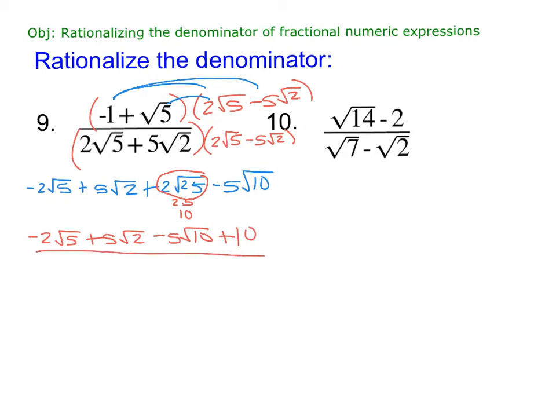And then on the bottom, 2 root 5 times 2 root 5 is 4 root 25 minus 25 root 4. Now, if you can figure that out in your head, go for it. This becomes 4 times 5, which is 20. And then 25 times 2, which is 50.